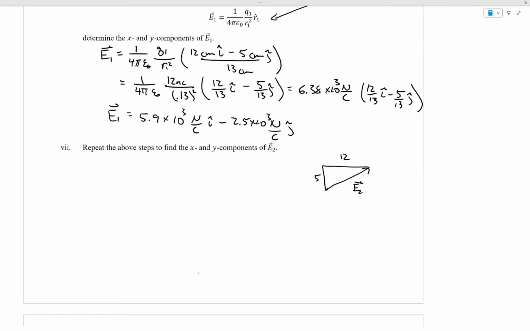The charge, Q2, is negative, and the other difference is that the directions in x are different. There's a sign difference. So let me lay it out for you. This will be very similar. So what is r2?